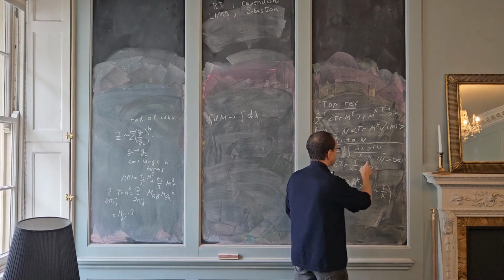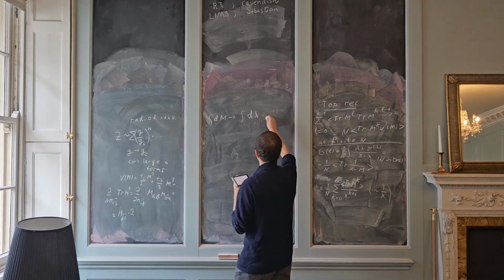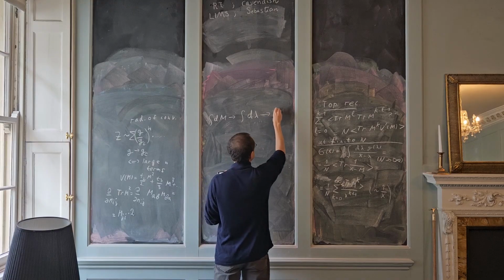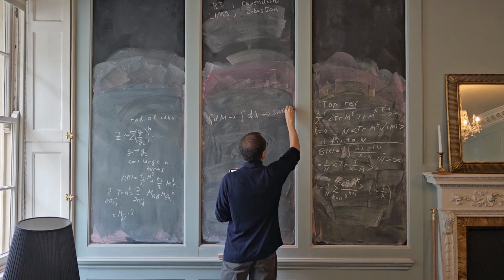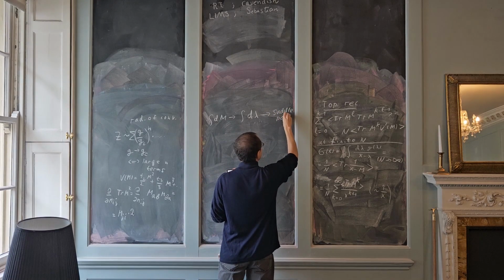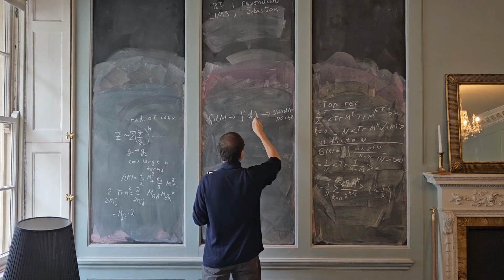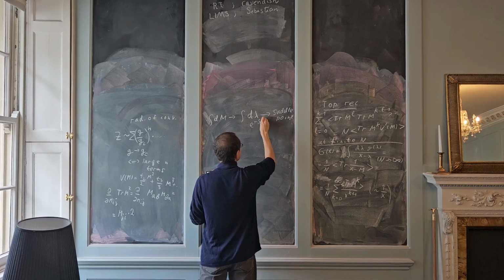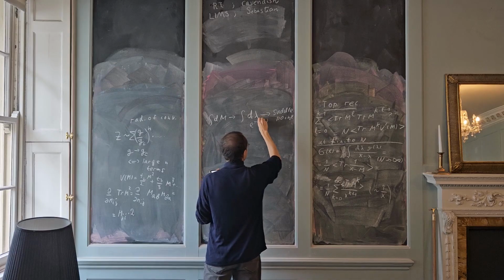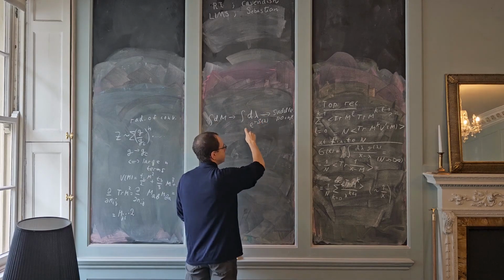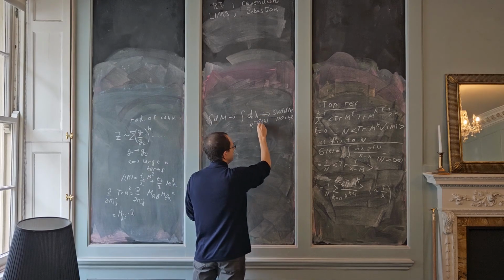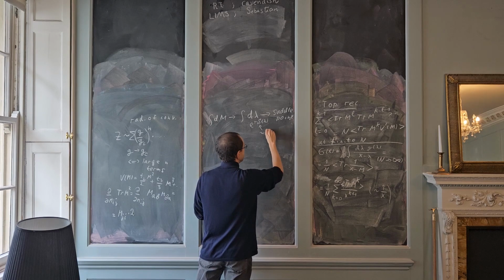The integral over eigenvalues is dominated by a single saddle point, so it's the integral of e to the minus S of lambda. But I'm looking at the leading order, so S is of order n, what we discussed last time.